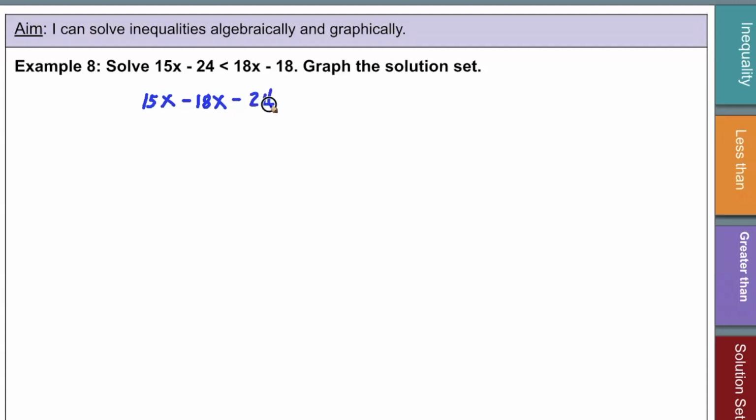So you have 15x minus 18x minus 24 less than 18x minus itself minus 18. This should give us 15x minus 18x is negative 3x minus 24 less than negative 18.